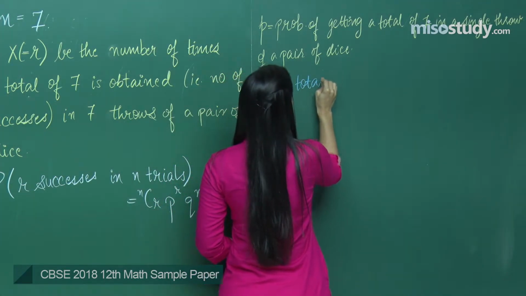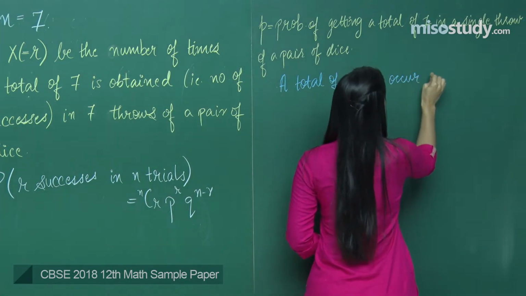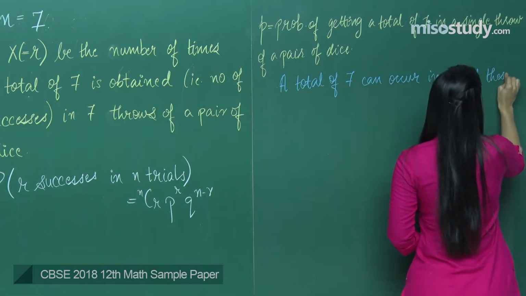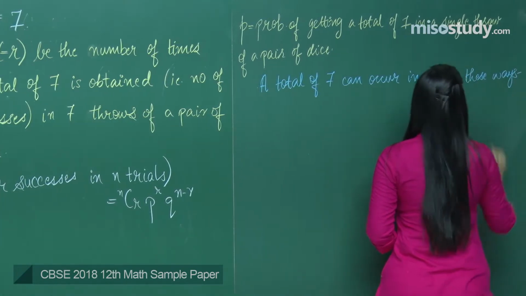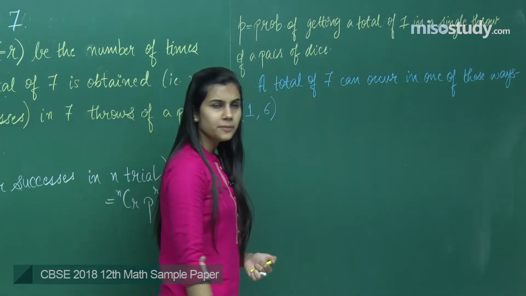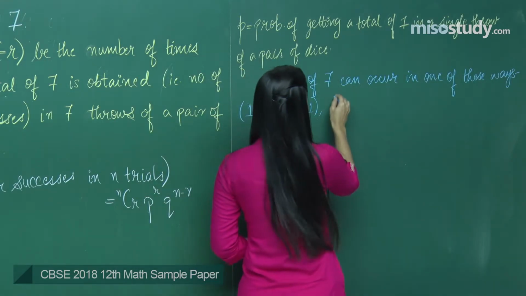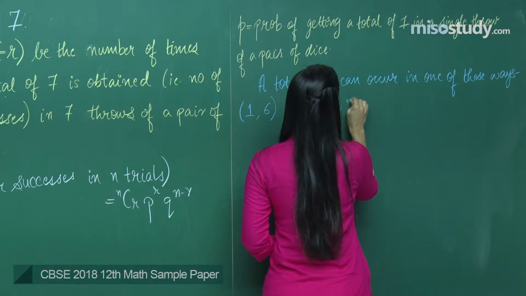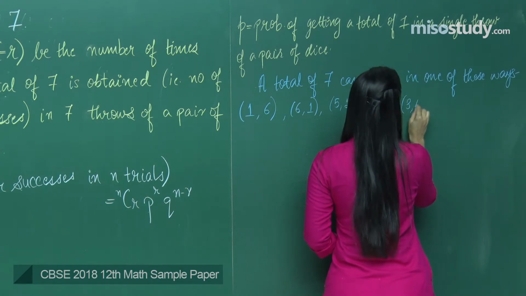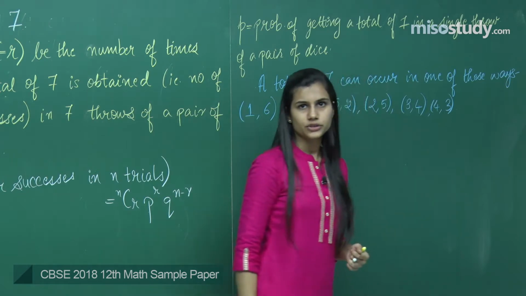A total of 7 can occur in one of these ways: either you get 1 in the first die and 6 in the second, or 6 in the first and 1 in the second, or 5 in the first and 2 in the second, 2 in the first and 5 in the second, 3 in the first and 4 in the second, 4 in the first and 3 in the second.